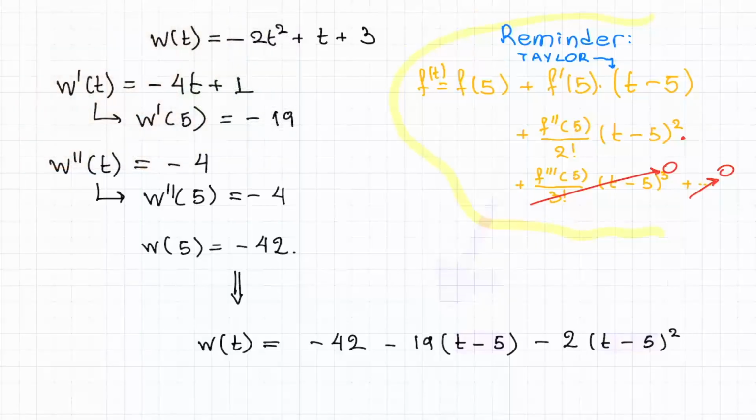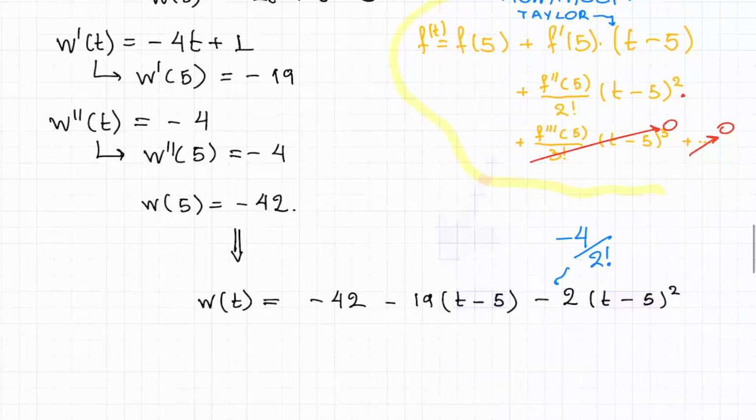Minus 19 times t minus 5. Minus, let me explain this bit, minus 4, which is your second derivative. Don't forget that we need to divide by 2 factorial, and this is minus 2. So by applying Taylor's theorem, we ended up with this equivalent expression for w.